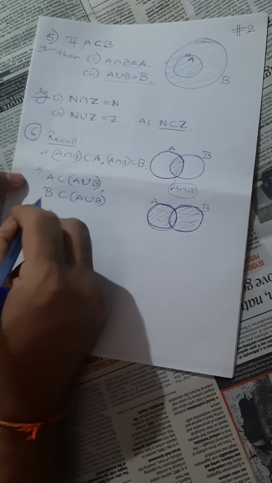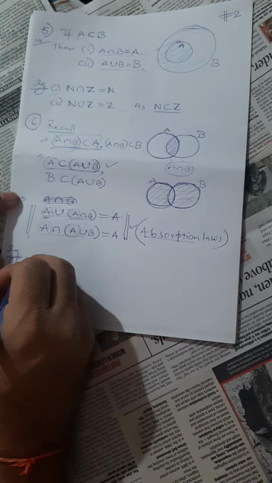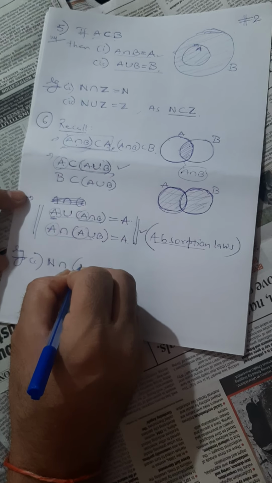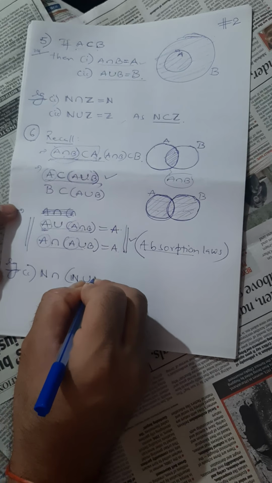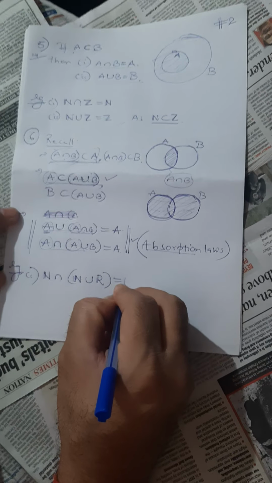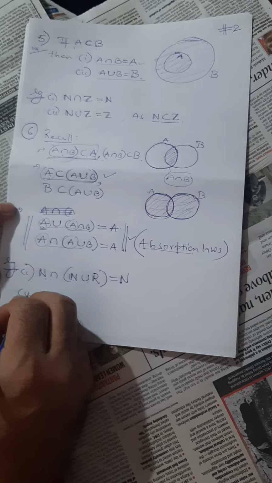For example, you can verify. If I take N, meaning all integers, intersection, if I take N union R, all real numbers, then the answer will be N only, because this is the repeated set. Outside and inside you have different operations.